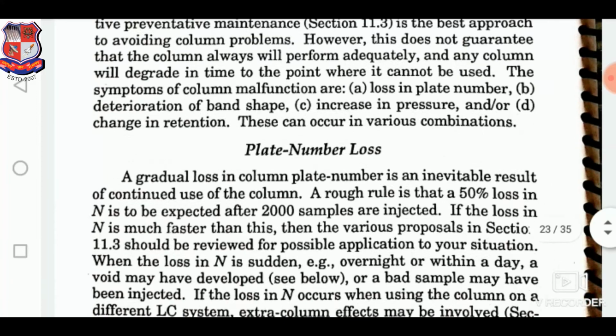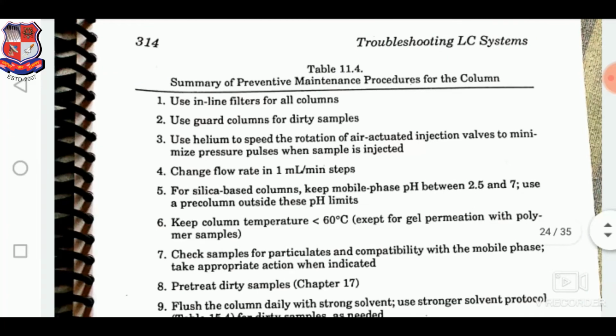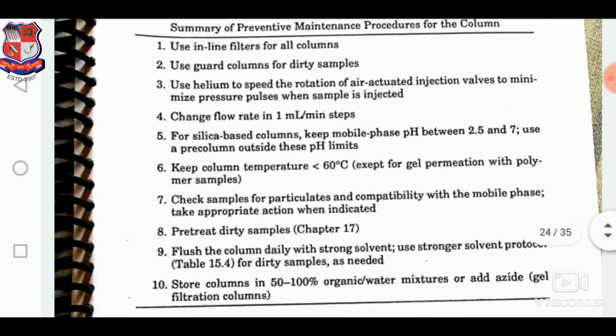Problems and solutions. So what happens if there is plate number loss? This is a summary of a preventive maintenance procedure for a column. Use inline filters, use a guard column, use helium to speed the rotation of air actuated injection valves to minimize the pressure pulses when the sample is injected. Change the flow rate in 1 ml per minute steps. For silica based columns, keep mobile phase pH between 2.5 and 7.